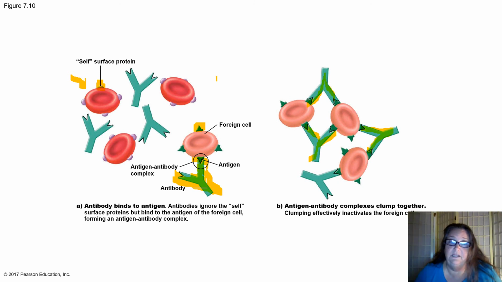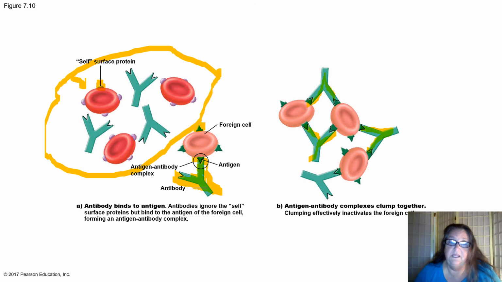So if this is a person with type A blood, they have antibodies against type B blood. So if we give that person that's type A blood the type B cells, it will react with them. So a person with type O blood does not have the A antigen and does not have the B antigen.